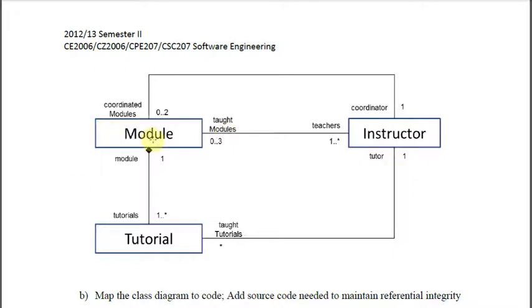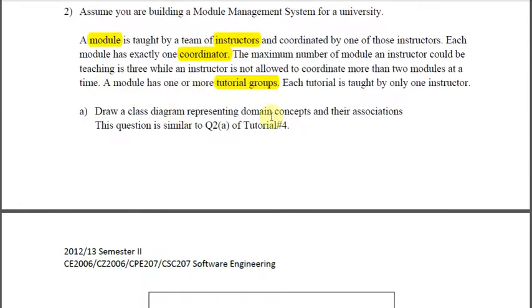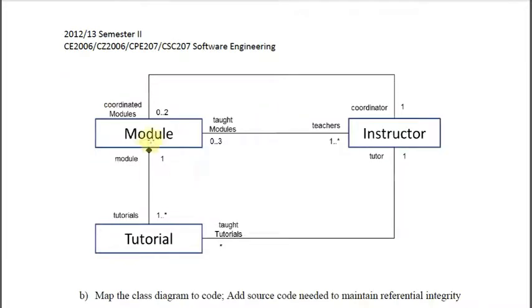There is a relationship between module and the tutorial. It's actually an aggregation because a module has one or more tutorial groups. So the multiplicity at the tutorial side is 1 to many, and the multiplicity at the module side is 1.